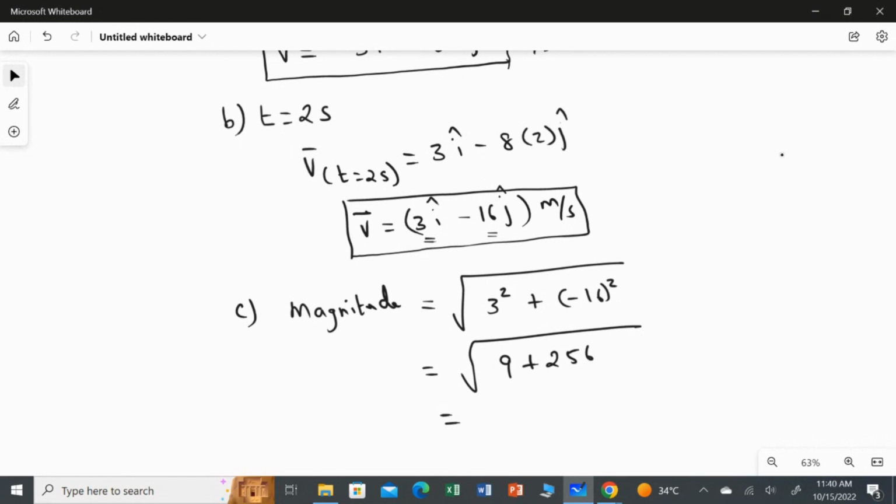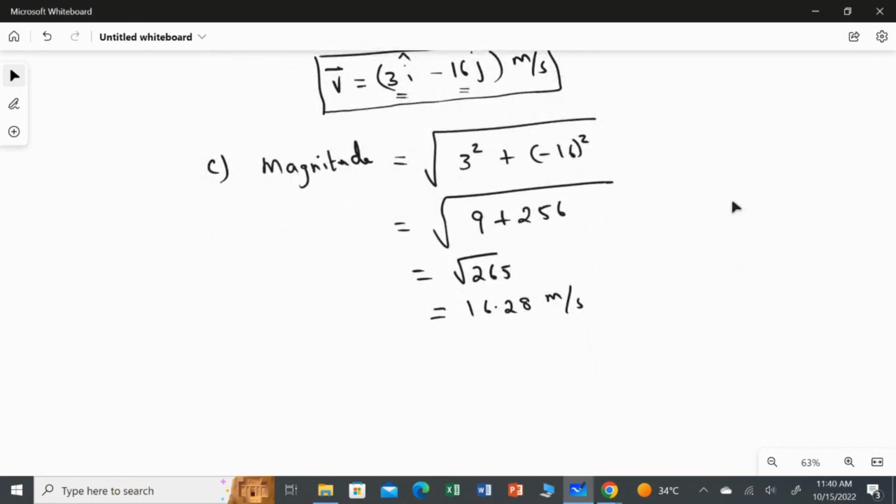So 256 plus 9 gives 265. The square root of 265 gives 16.27, so the answer is 16.28 meter per second.